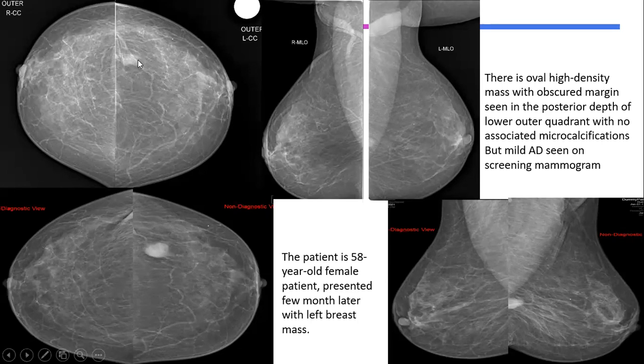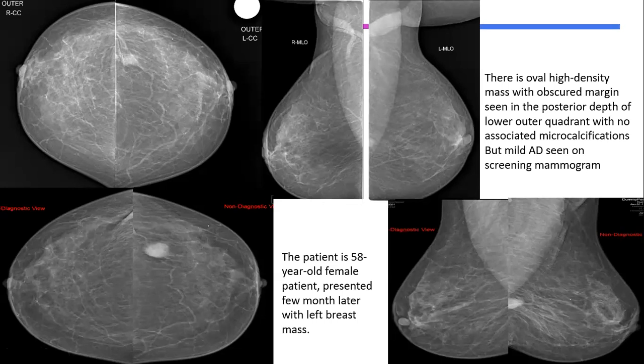Usually a single-view, faint, equal asymmetry is ignored on screening mammography. There were no other associated features. But the age of the patient is approaching 60. We have to consider this type of finding, and if we concentrate, we might see some ductal prominence here, far away behind the nipple, but it can be just a ductal ectasia.